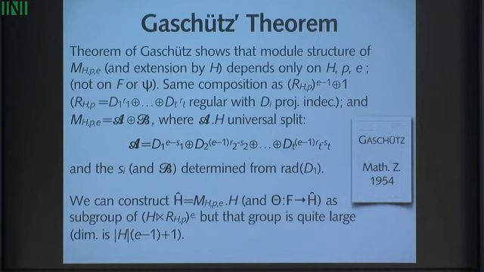Furthermore, this module is a direct sum of two parts, where one part gives a universal split extension, and the other part is something non-split, and one can even tell how these parts split into projective indecomposables, where these are the projective indecomposables of H, all of them, and if we know the radical of the principal block, we can calculate what B is.